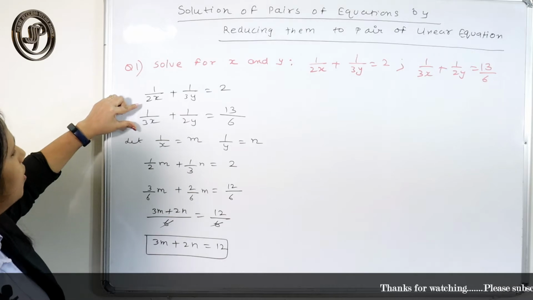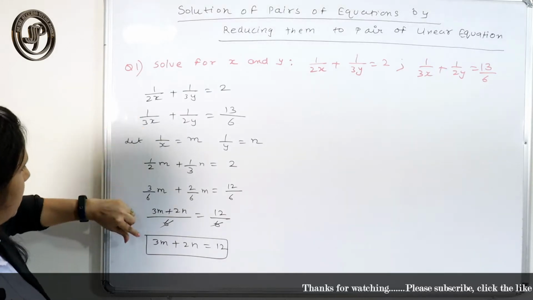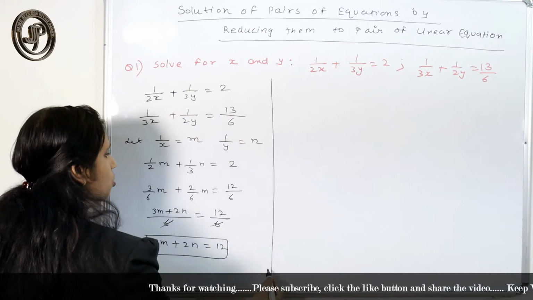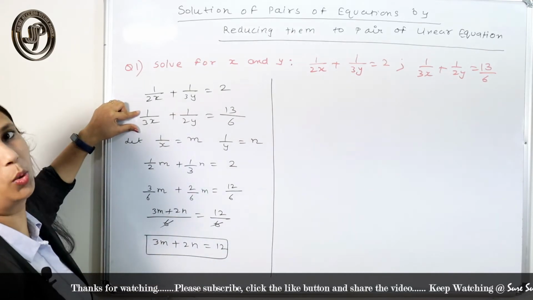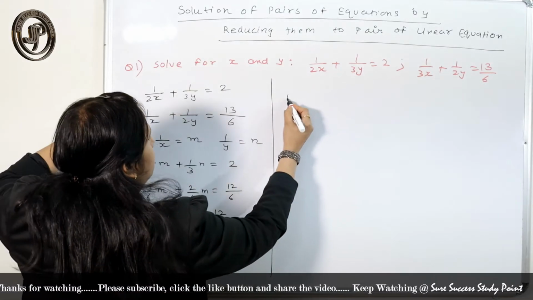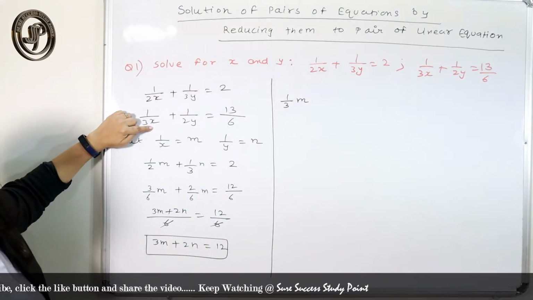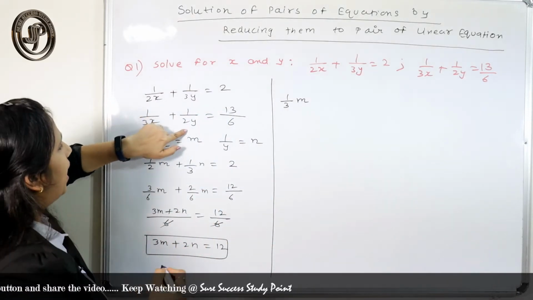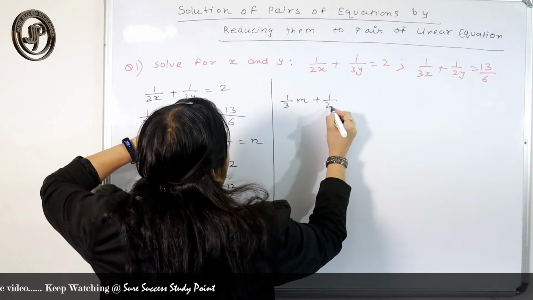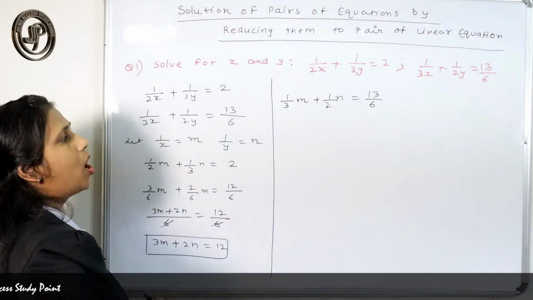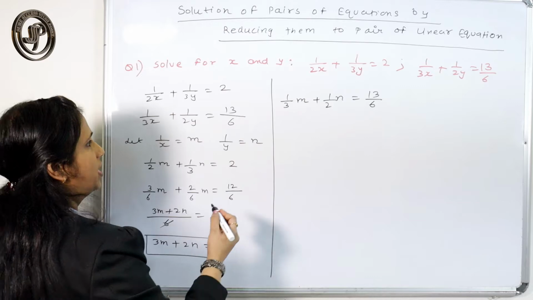Now, it's our turn to do the same thing with the second equation. If you substitute the same way in the second equation, then it is 1 by 3m, because 1 by x you have substituted as m, and here 1 upon 2n is equal to 13 by 6. Now, make the denominator the same.